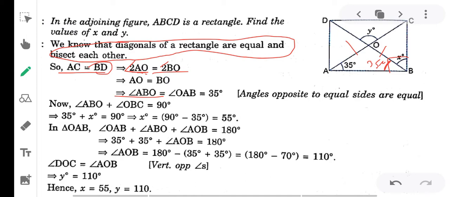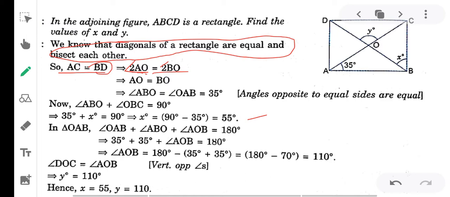So angle B is the sum of angle ABO and CBO, that is x degrees. So 35 degrees plus x degrees equals 90. Then x will be 90 minus 35, which equals 55 degrees.